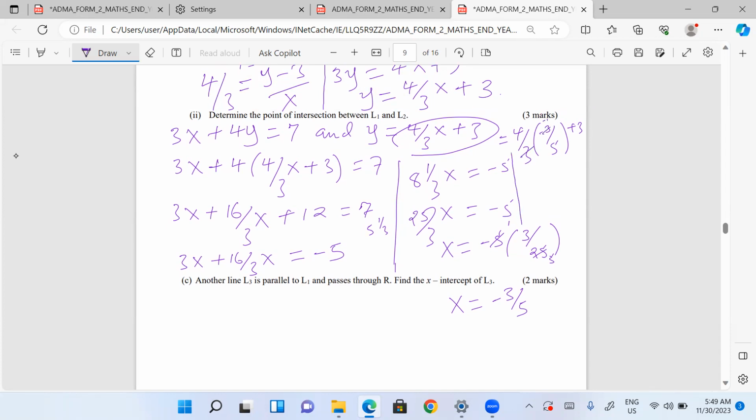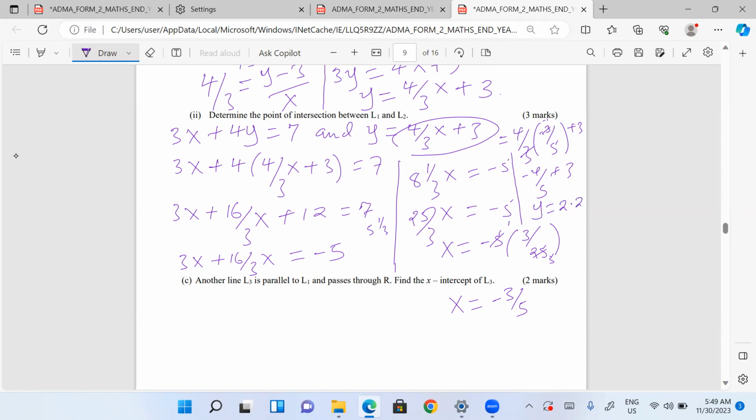So negative 4 over 5 plus 3. Let me carry out that one. 2.2. So the value of y becomes 2.2.